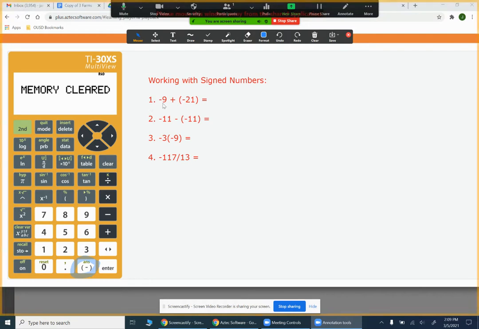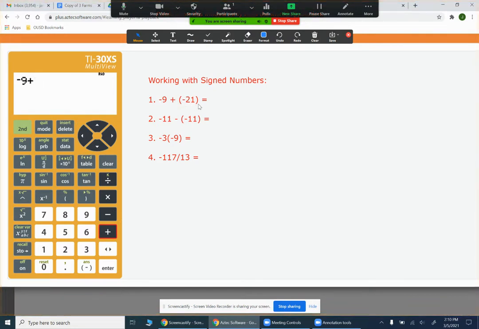So if I'm working with number 1 here, I have -9 plus -21. Then I am going to press negative. So that's the negative button, -9, plus, and when I enter negative signed numbers into the calculator, I actually don't need to put these parentheses.